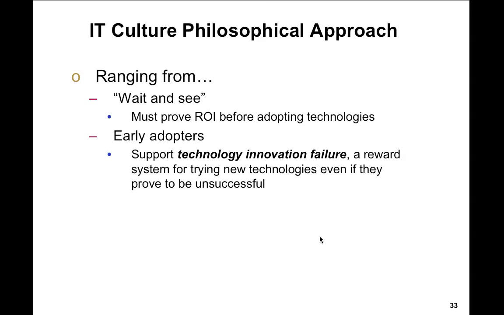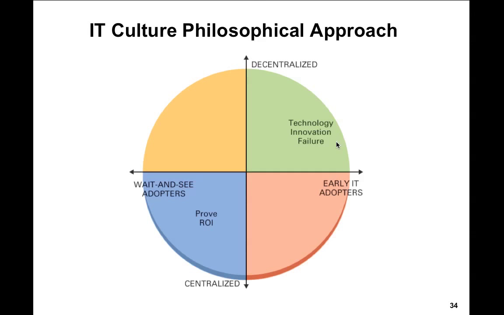So it supports technology innovation failure: a reward system for trying new technologies, even if they prove to be unsuccessful, they tried it. The early adopters are the people that bought iPads for all of their salespeople and then realized they didn't need them, or the iPads didn't support the applications they needed. They couldn't use them to remotely log into their servers. They were too expensive, or there was a problem with them. But they're also taking the chance that it might actually give them something of value. So there are pros and cons to it that need to be weighed.